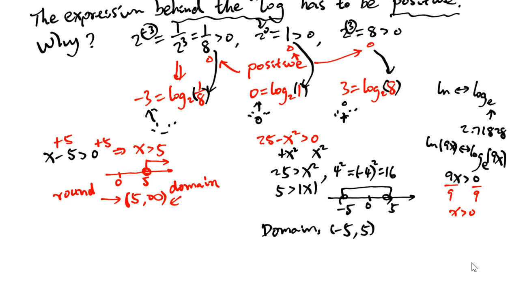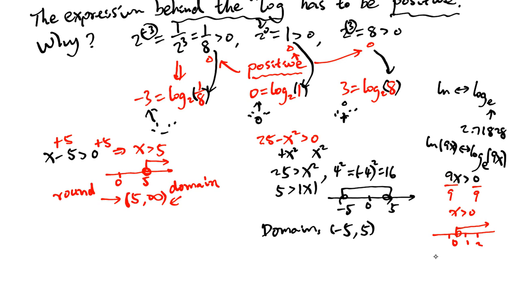So on the real number line, you have 0 here, and 1 here, negative 1 here. Then from 0 to the right, 0 will not be included, because the expression behind the log sign cannot be 0. Again, it's all positive, no 0 included.